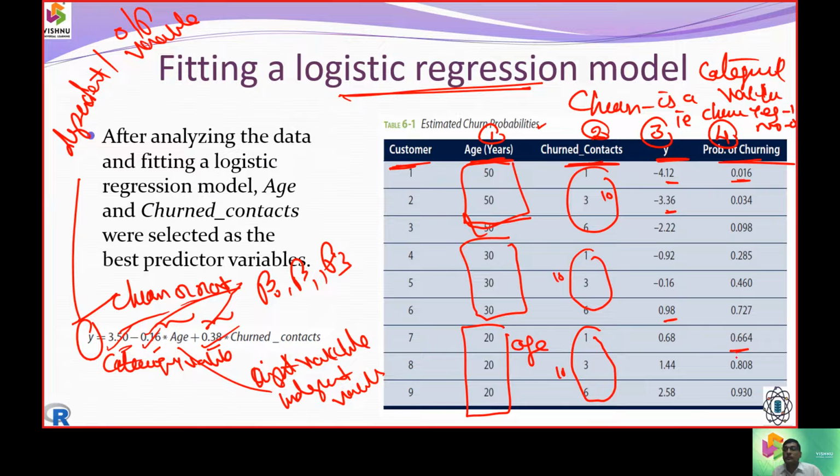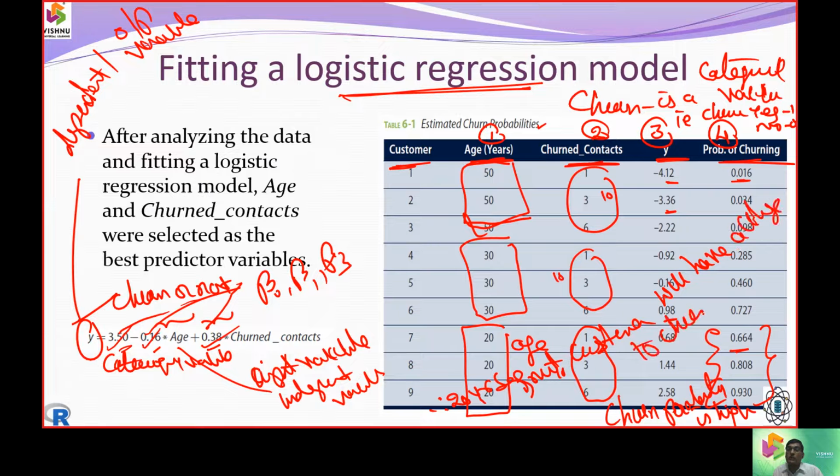Now, the probability here is high. So what does it tell? The churn probability is high. Therefore, the 20-year segment customer will have a chance to churn.